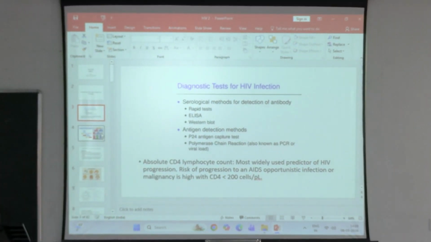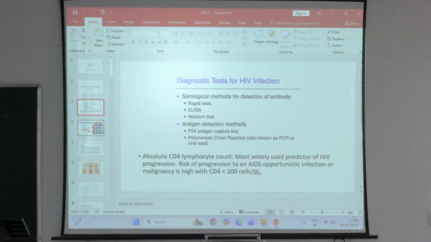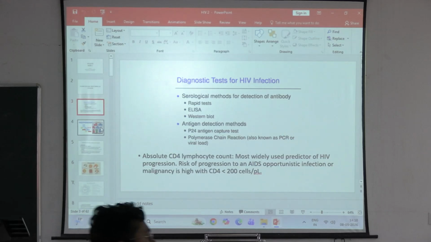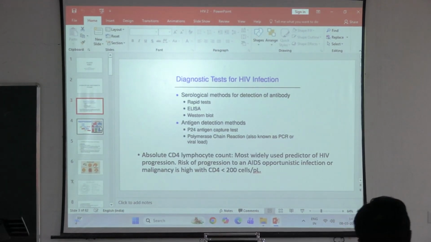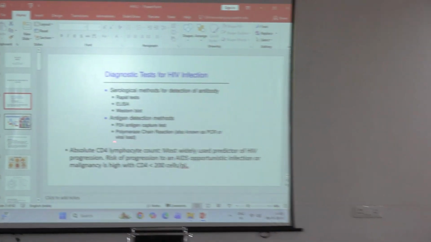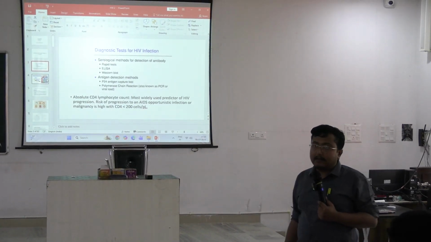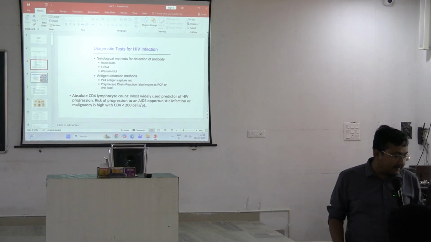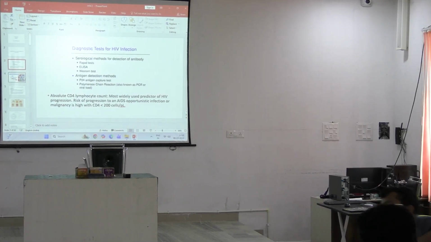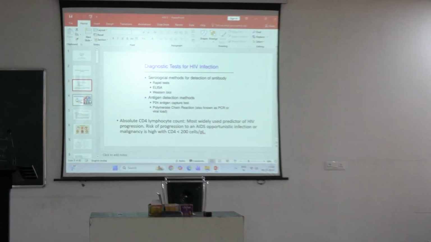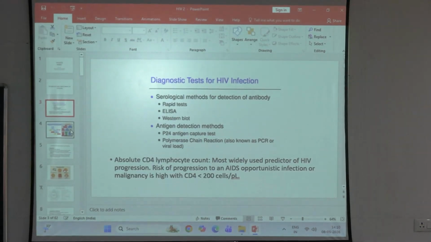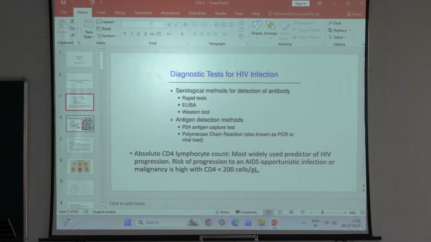And what are the antigen detection modes? That is the P24 antigen capture test and PCR, the polymerase chain reaction test, okay. Absolute CD4 lymphocyte count is the most widely used predictor of HIV progression. After we diagnose whether the patient is HIV positive or not, we also have to measure his CD4 cell count to see whether the treatment is responding or the HIV is progressing more.